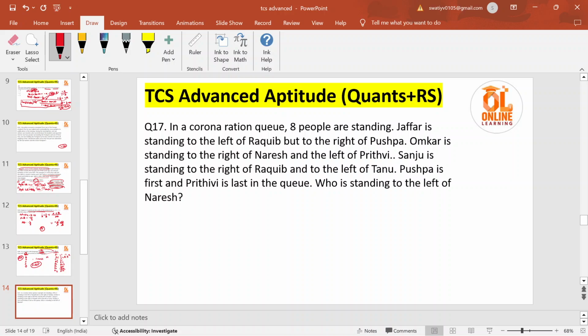And during my free time, whenever I was free, I used to revise those formulas completely.